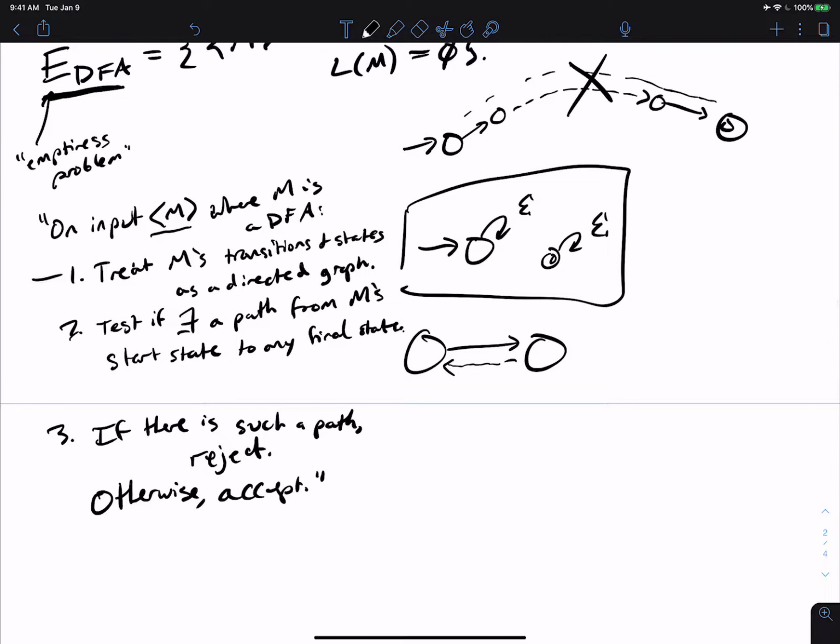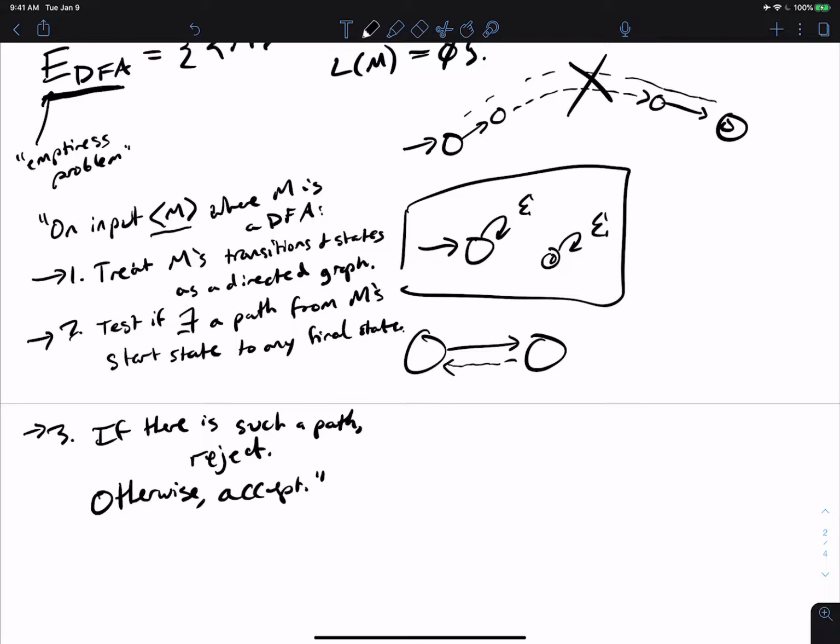Steps 1, 2, and 3 run in a finite amount of time because, well, step one is just going through the machine and making a graph out of the transitions and the states. That takes a finite amount of time because the machine is finite to start with.